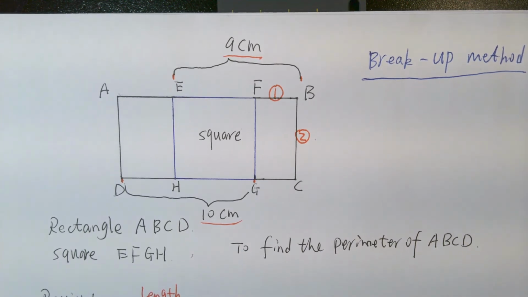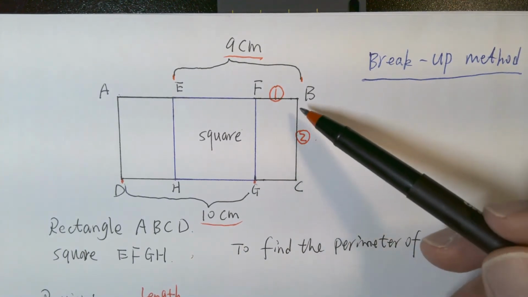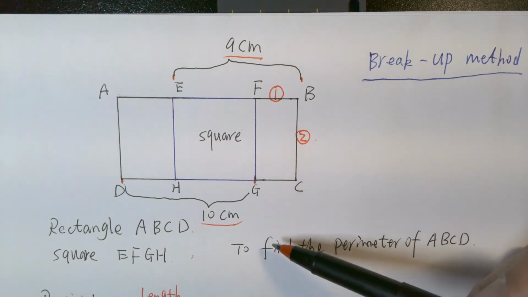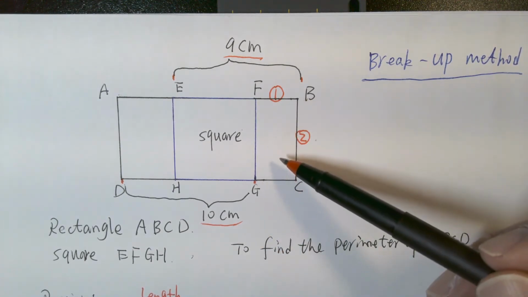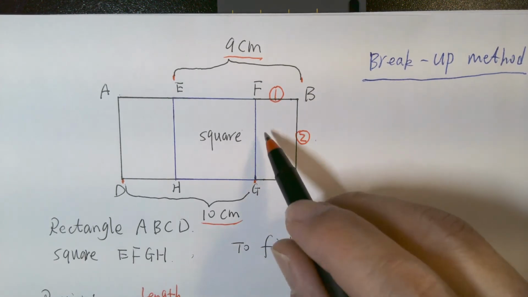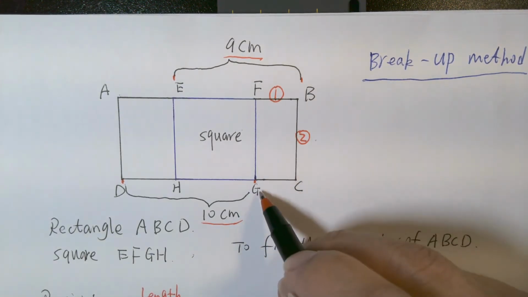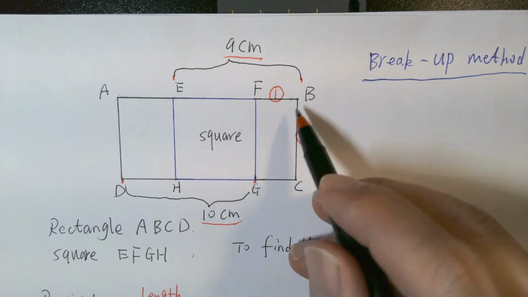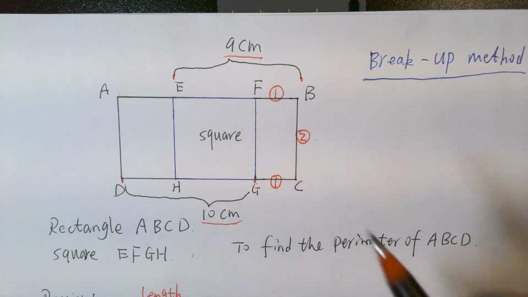Right? Now, how about from C to G? As you can see, for a rectangle, the distance from C to G is the same as from F to B. So you have length 1 there.